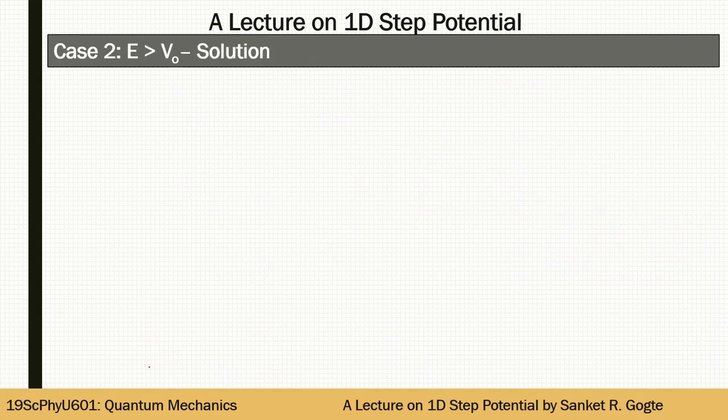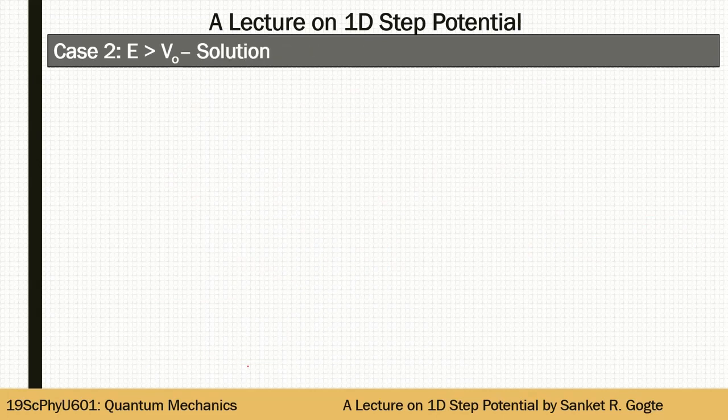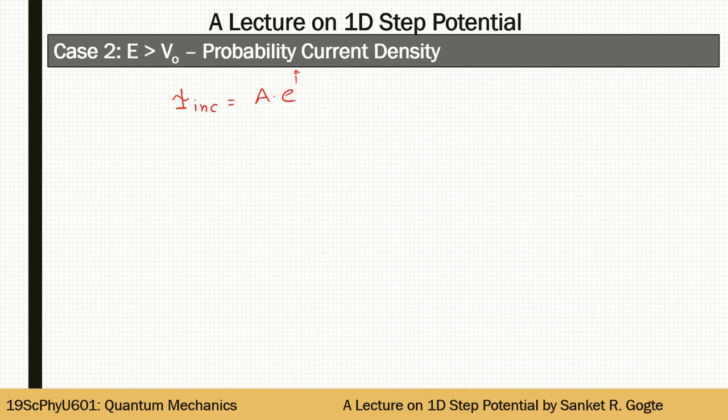So now first, we already have considered the solution, so I can skip this step. Let's now consider the probability current density. Let's first consider J incident. First let me write psi incident, which is A into e to the power i kx, where k is the constant.